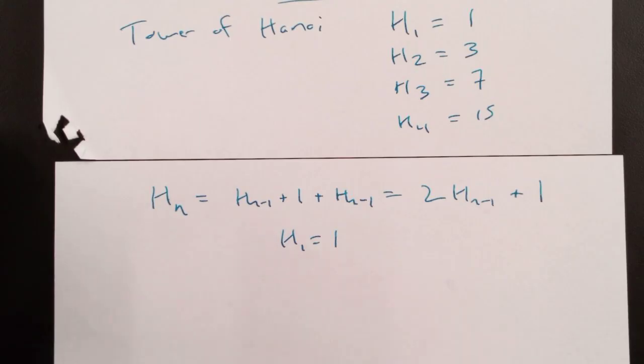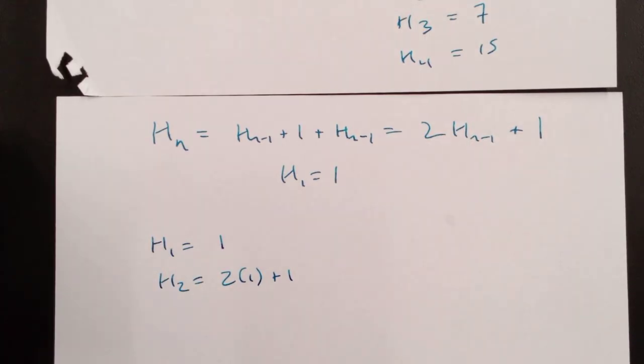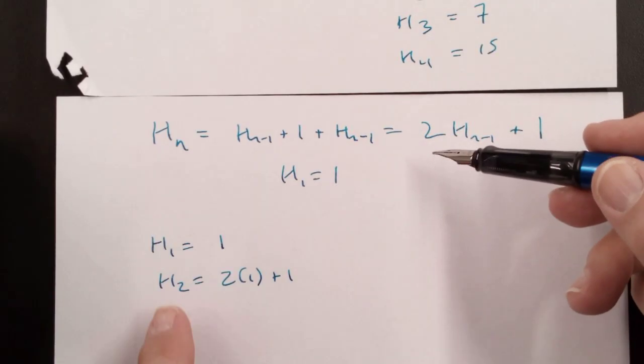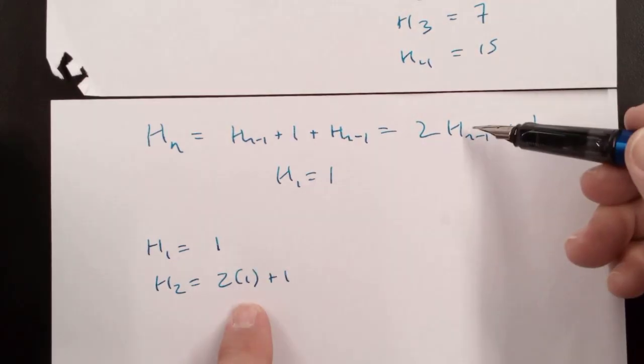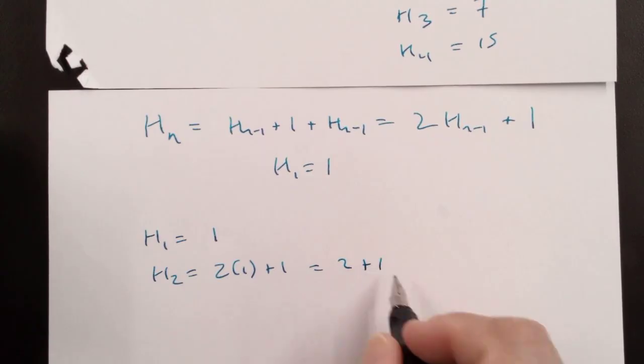If I want to calculate Hn, I'm going to build this. Here's my iterative behavior. H1 was 1. H2 is therefore 2 times H1 plus 1, which is just 2 plus 1.